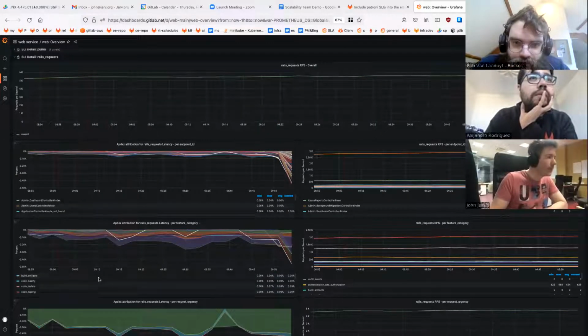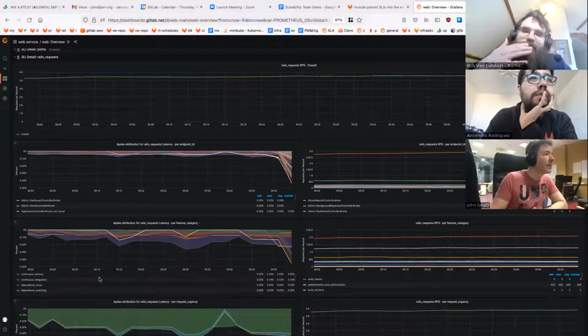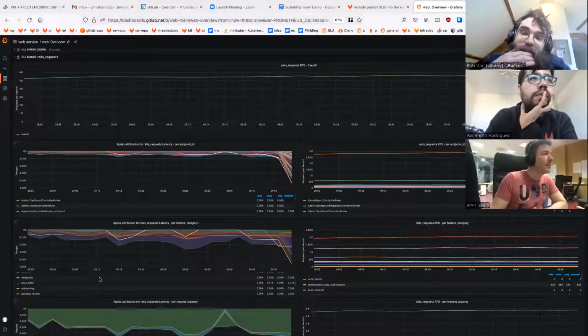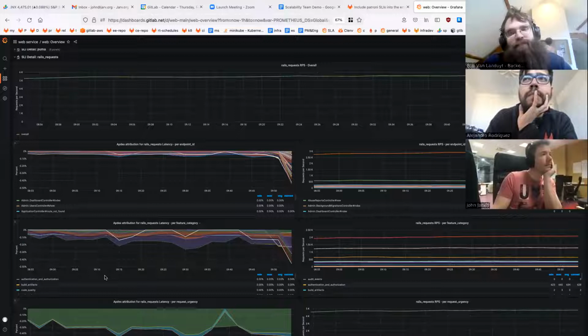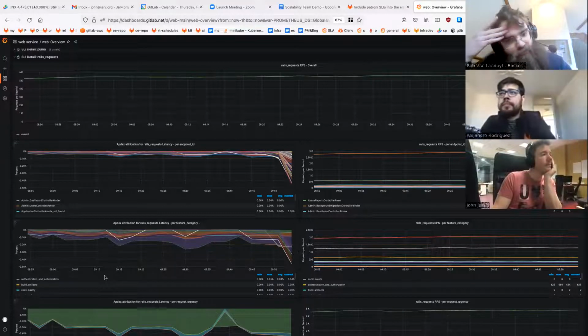I don't think I've really looked too closely at this. I see. So groups also have this dashboard that shows the endpoints that they own. Okay.